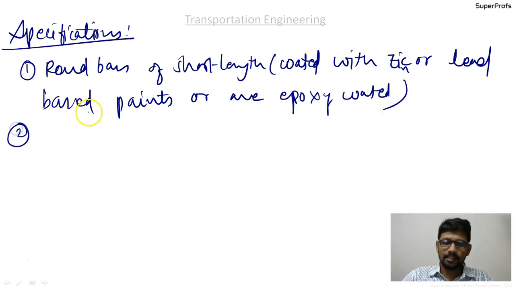Secondly, the maximum load transferred through dowel bars is 40% of the maximum axle load.